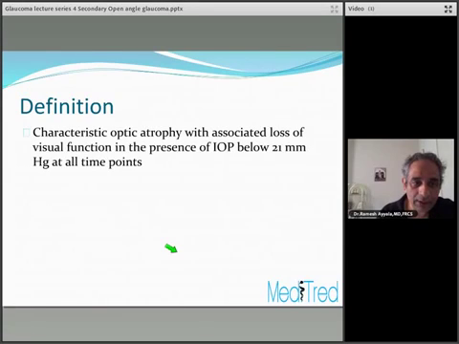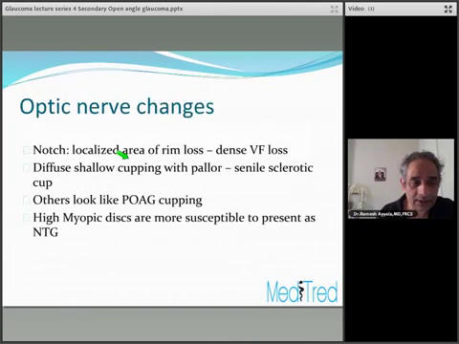Now, it's important that I stress this: at all time points. So you want to make sure when you see these kinds of patients that the intraocular pressure is really below 21 millimeters of mercury at all time points. And the only way you can do that at this point in time is to do serial tonometry. We'll come to that a little later in the lecture.